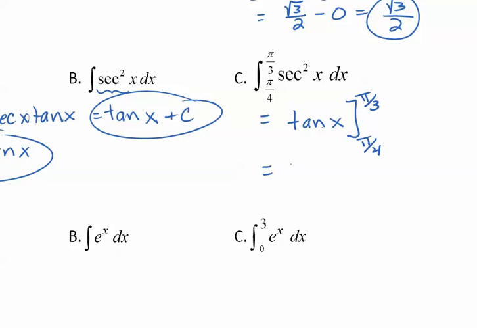Tangent of pi over 3 is long leg over short leg, so it'd be square root of 3. And pi over 4 is an isosceles right triangle, so the legs are congruent. So the tangent of pi over 4 would be 1. And we could use our calculator and round that to 3 decimal places, but an exact answer is always acceptable.